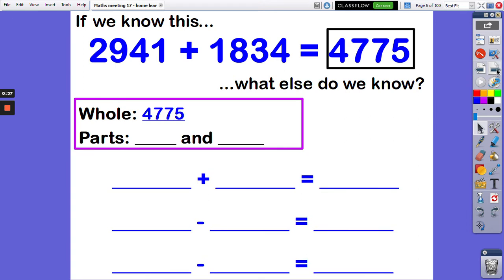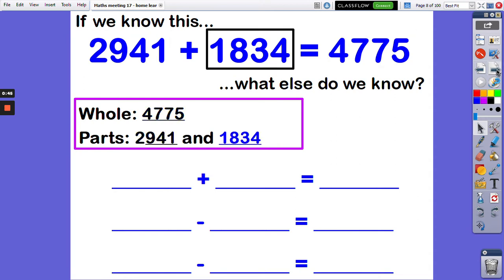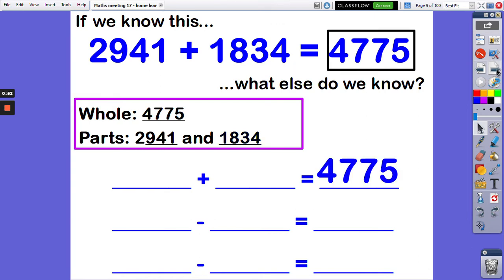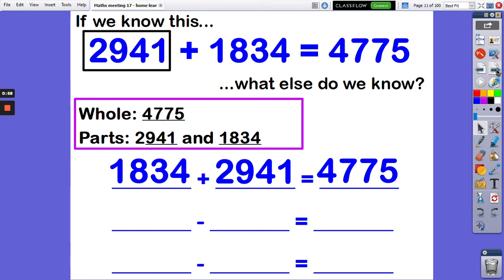Okay, well, the whole is 4,775, which means the parts must be 2,941 and 1,834. If we've got the whole and the parts, the next bits should be nice and easy. Our whole 4,775 is made up of two parts, 1,834 and 2,941.